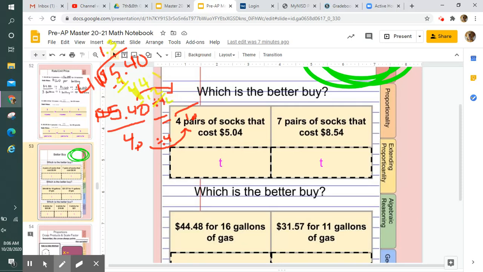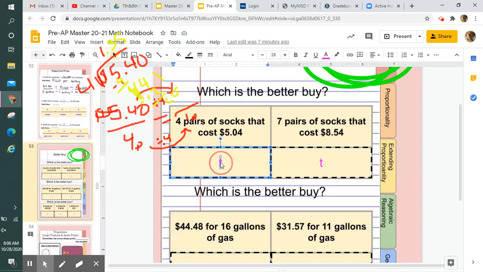So 2, bring down the 0, it's 20. So this first one, when we just solved it, we got that 1 pair of socks was going to be $1.35. Oh, there you go. Okay, so now we're going to do the same thing with the other side.